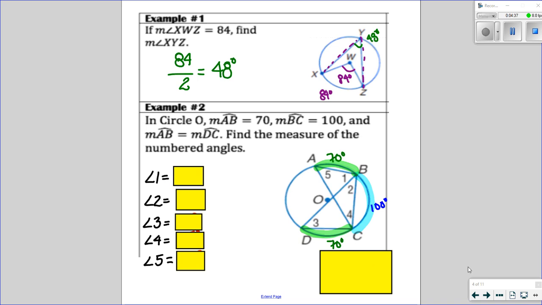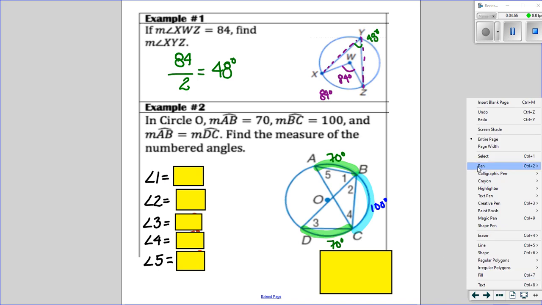All right, so for angle 1, it's an inscribed angle, but we don't know what the intercepted arc is. But we can find it because we have AB, BC, and CD, but we don't have the remaining arc.